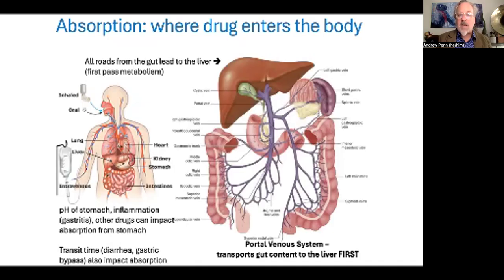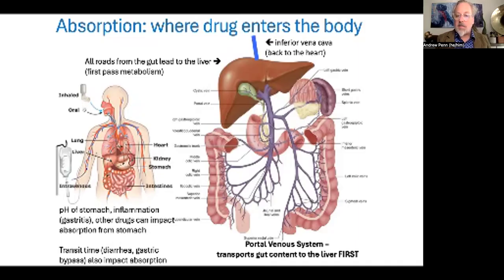Now, remember, going back to our anatomy class, all the absorbed material from the gut is first transported into the portal vein. The gut is lined by inputs for the portal vein.